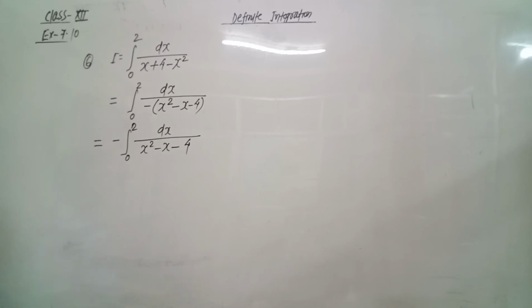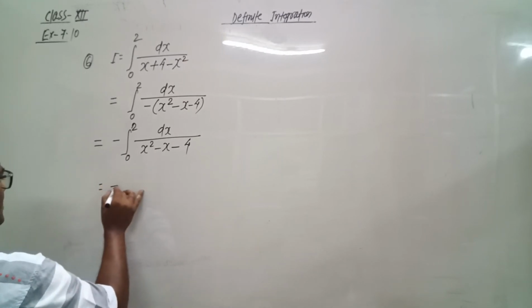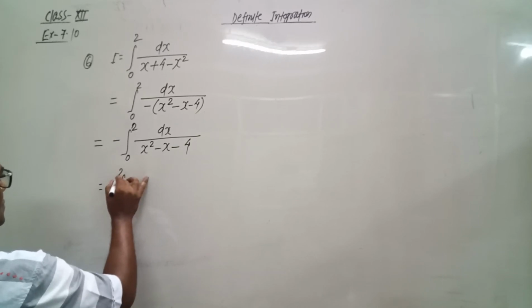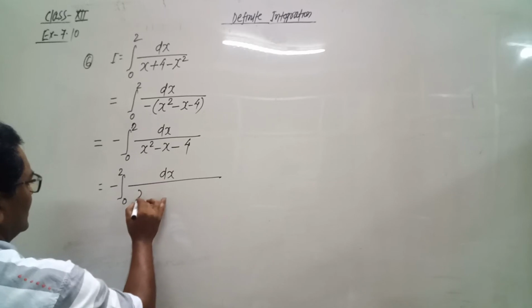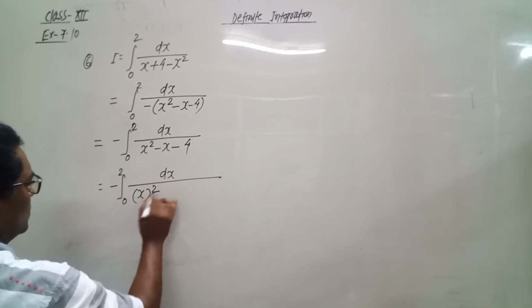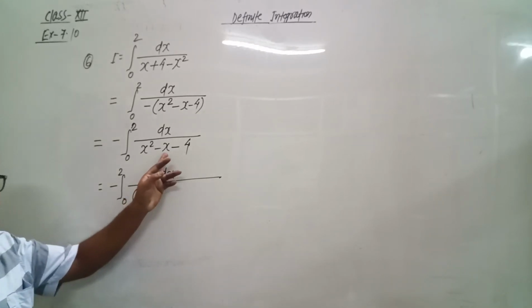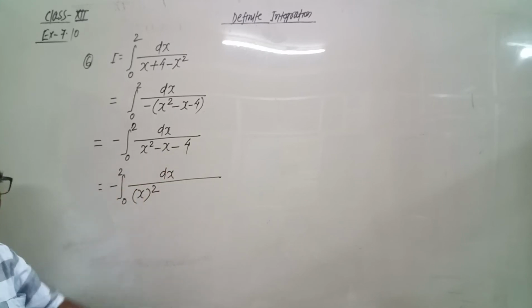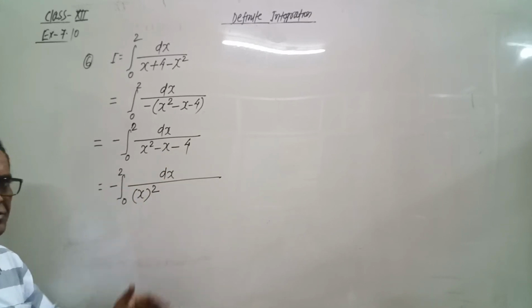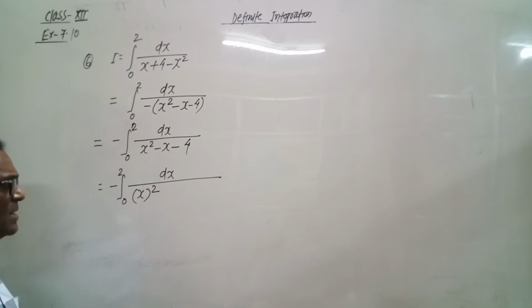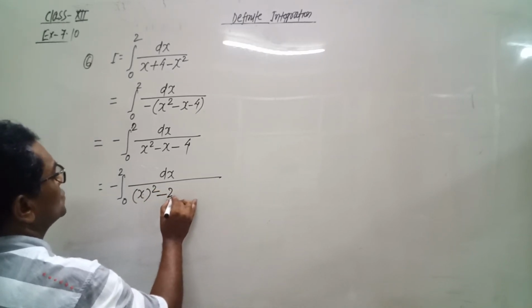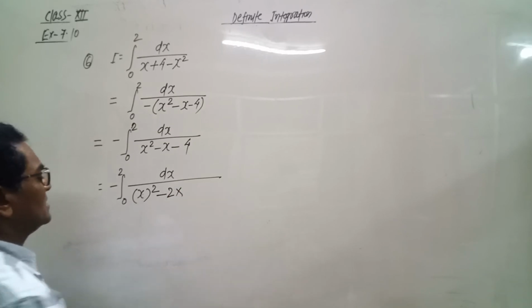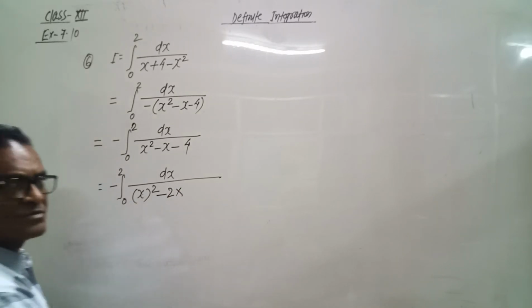Now we make the square form. So for this integration, limit 0 to 2, dx upon x square is written as x the whole square. The term containing x is negative, so the formula used is a square minus 2ab plus b square. So a square minus 2 into a, the value of a is x.